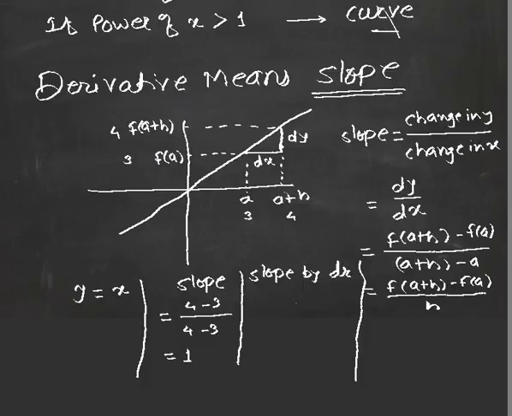Now find the slope by derivatives. Now y is equal to x, a function of x, so differentiate with respect to x, it will be dy by dx, the derivative of x is also 1. So finding slope is nothing but finding the derivative of that equation with respect to the variable of which it is a function. So it is very simple.